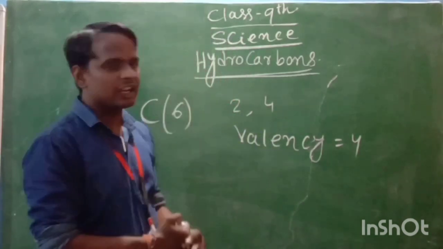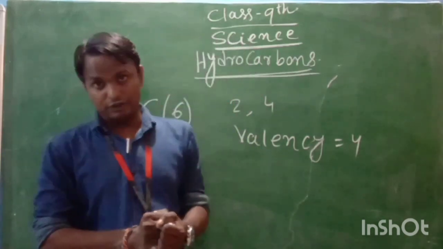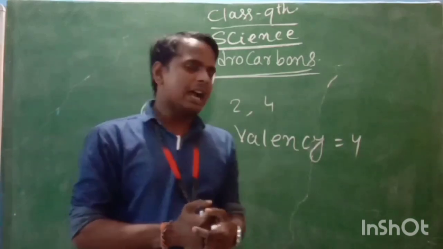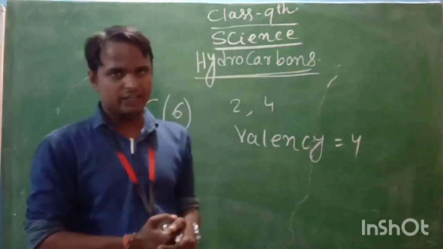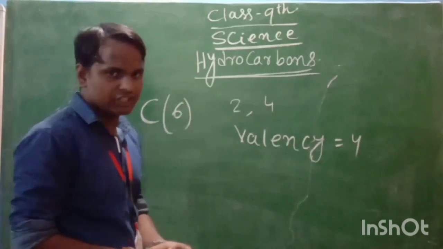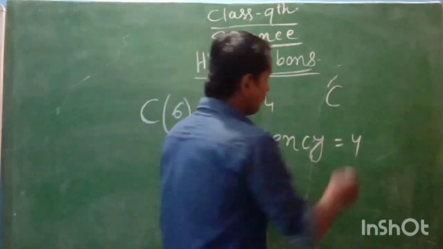In this chapter on hydrocarbons, the carbon atom combines with hydrogen atoms. Let's say a carbon atom combines with 4 hydrogen atoms.